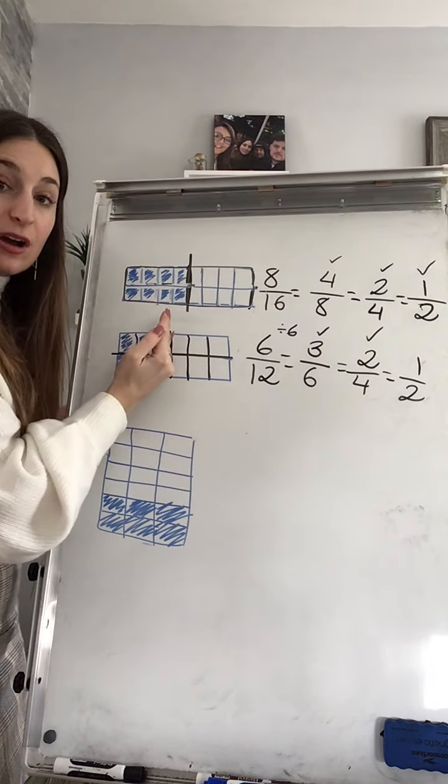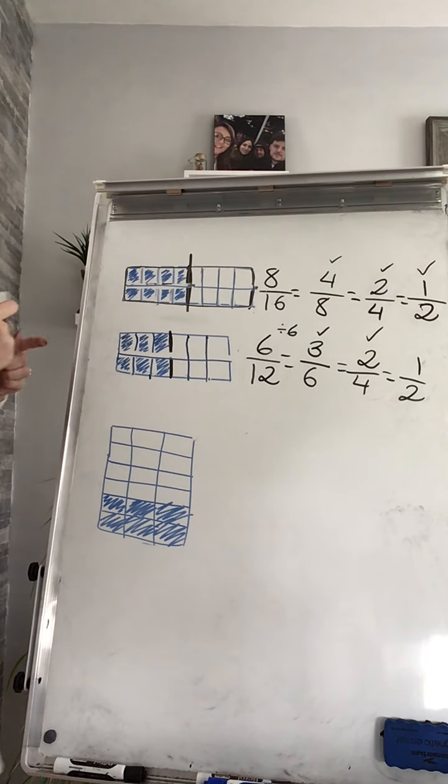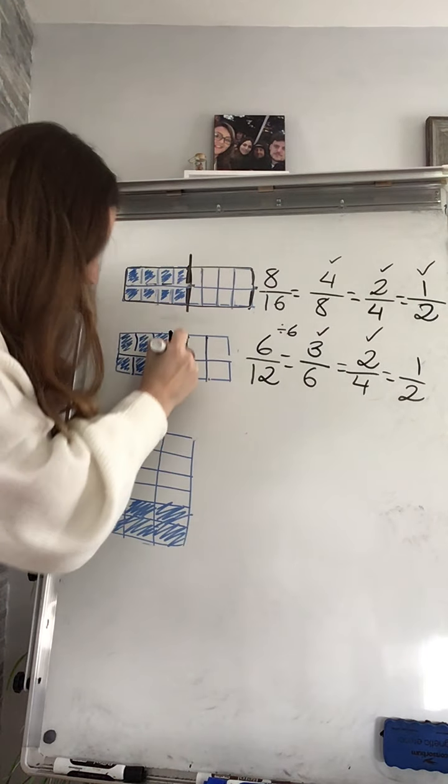So that means that I need to cut my diagram in half. I could cut it like this, but then I will need to move my shading. So I'm going to cut it vertically instead of horizontally, okay? I'm going to wrap this so you guys can see how it was split before into 12ths. And I'm going to just cut it in half.